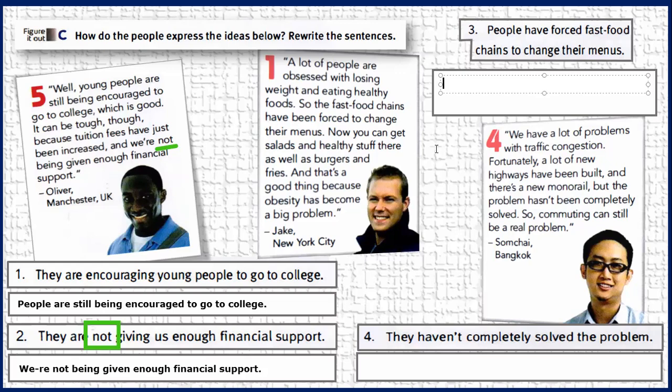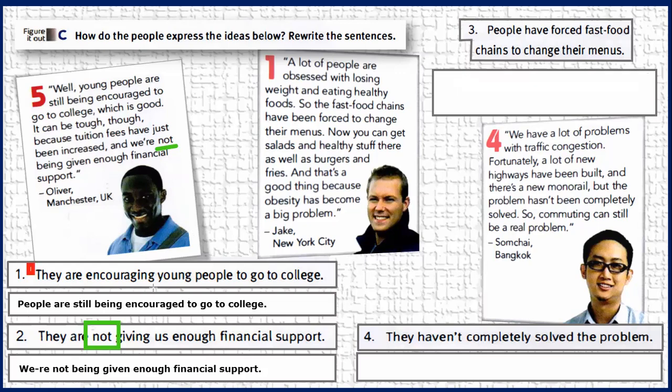We're going to change that statement, people have forced fast food chains to change their menus. We're going to change it to the expression Jake says, the exact words. I don't understand that. Okay, look at this. I'm going to give you an example with this.